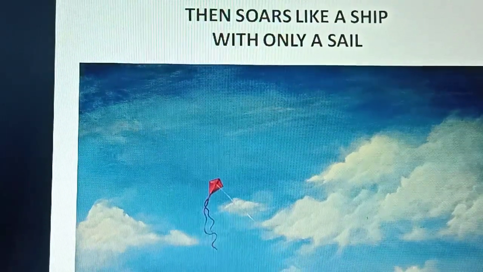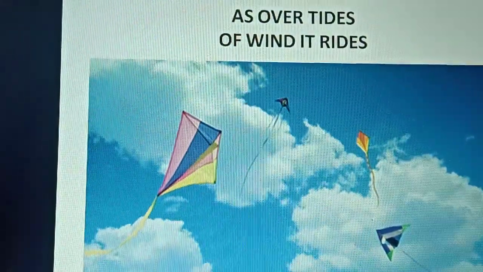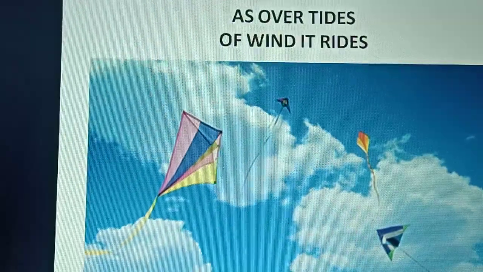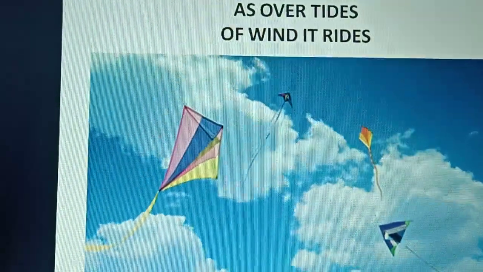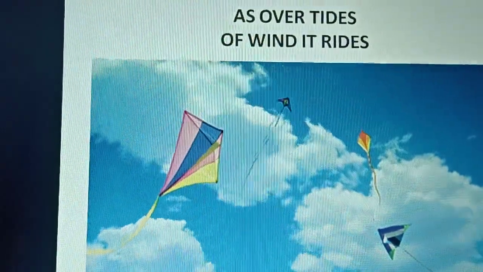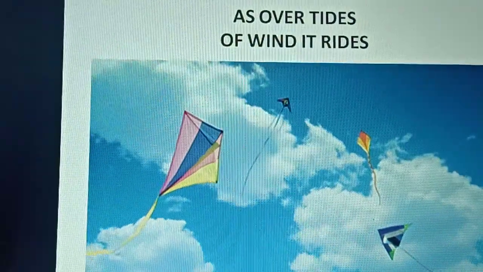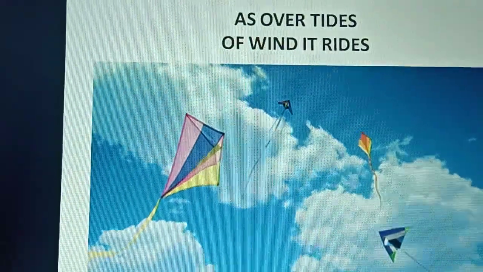Soars like a ship with only a sail, as over tides of wind it rides. So here the kite is sailing over the wind, just like the ship which sails over the waves.